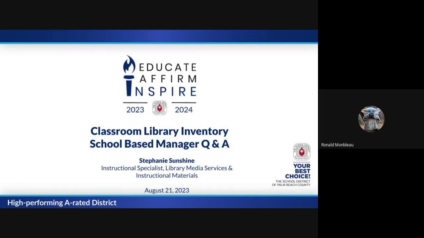So if an elementary school teacher says, I have Green Eggs and Ham in my library now, so I want that to show up. If it's in the sheet, we'll never know that. But if it's in the app, then we will be able to check books as they're brought into the library.